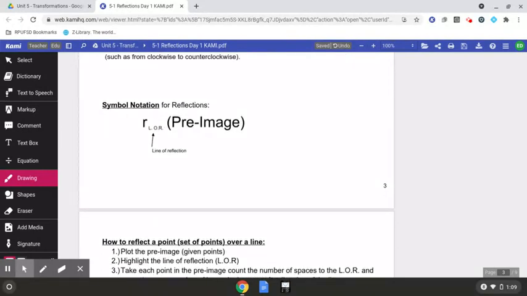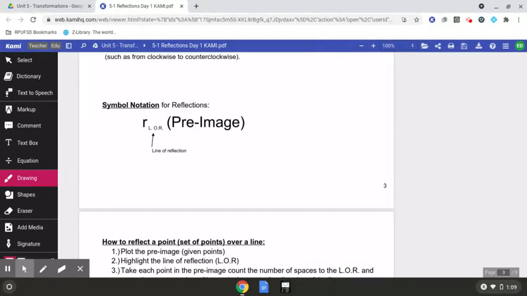Okay, so the big thing is the way that they write the reflection symbols. Symbol notation is you use this little r. It stands for reflection, and LOR just stands for the line of reflection.